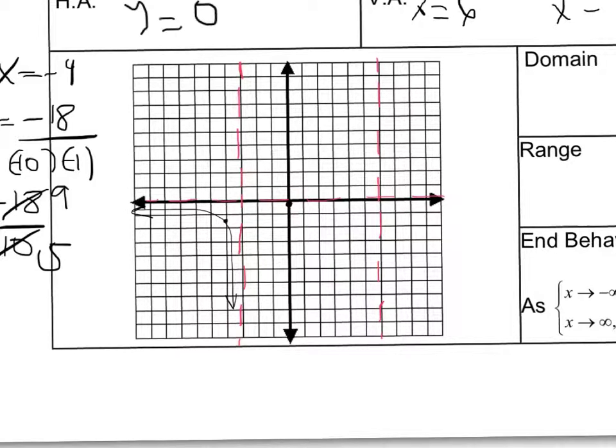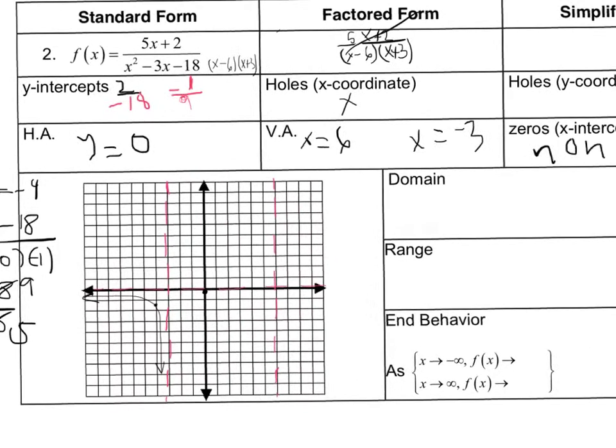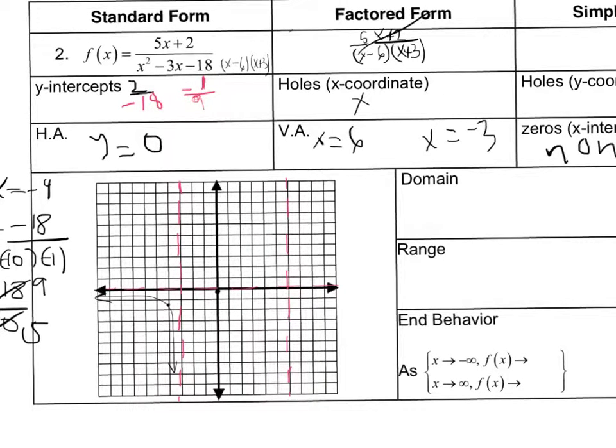Okay, so what would be a number that would make sense to pick? Maybe -1. So go ahead, plug it in and check what happens if x equals -1. -1 times 5 is -5 plus 2 is -3. -3 over... what are we testing again? -1.